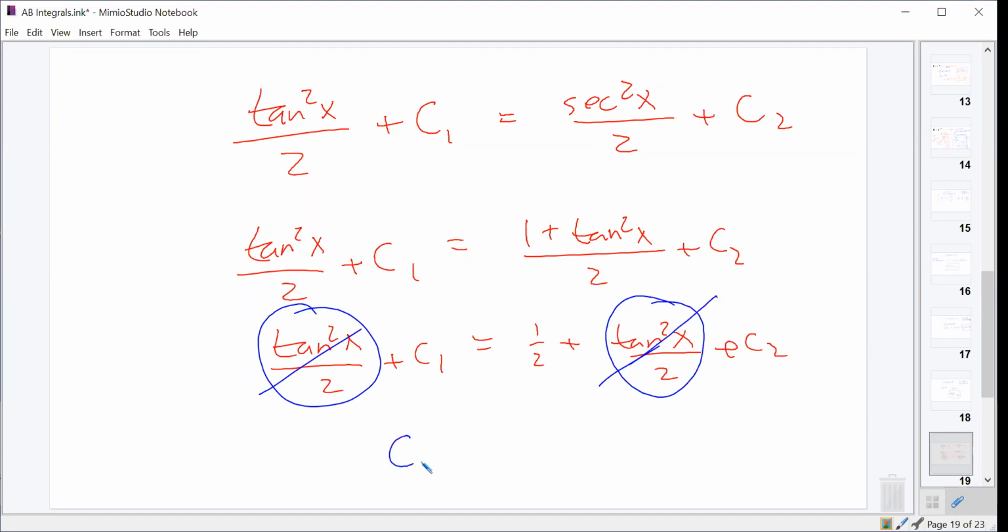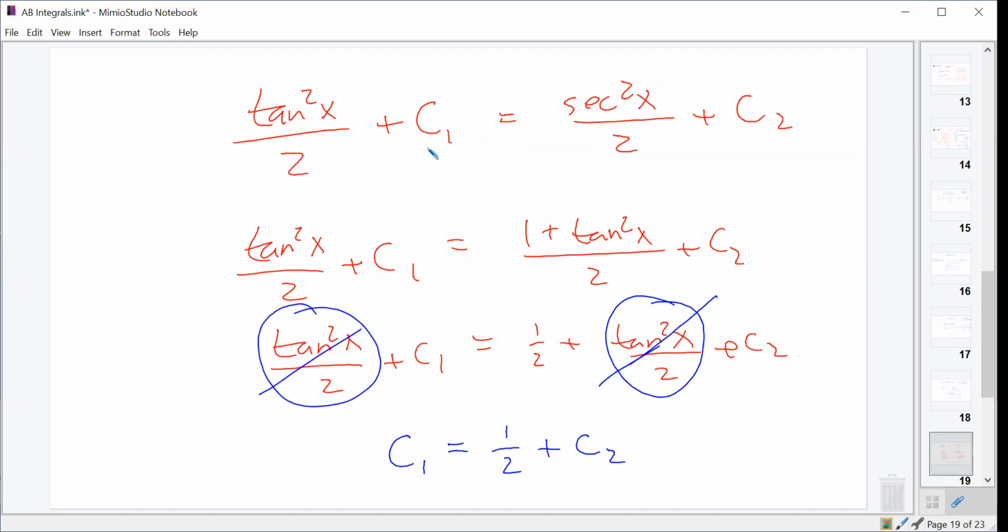And that tells us that constant 1 is equal to 1/2 plus constant 2. So in order for these things to be equal to each other, constant 1 has to be 1/2 more than constant 2. So if constant 2 was 7, then constant 1 would have to be 7.5 for these to be equal. And that's okay.